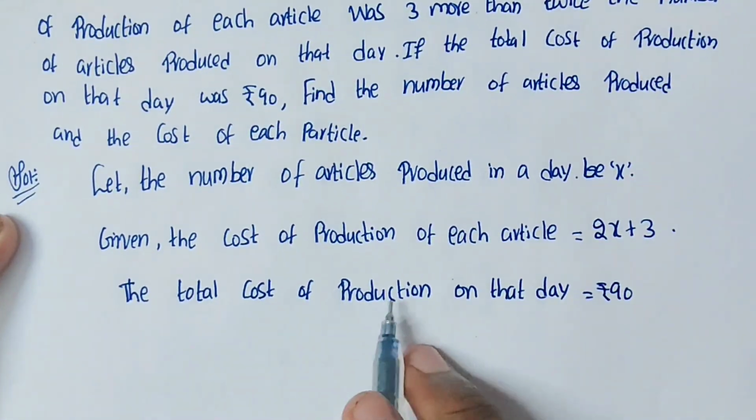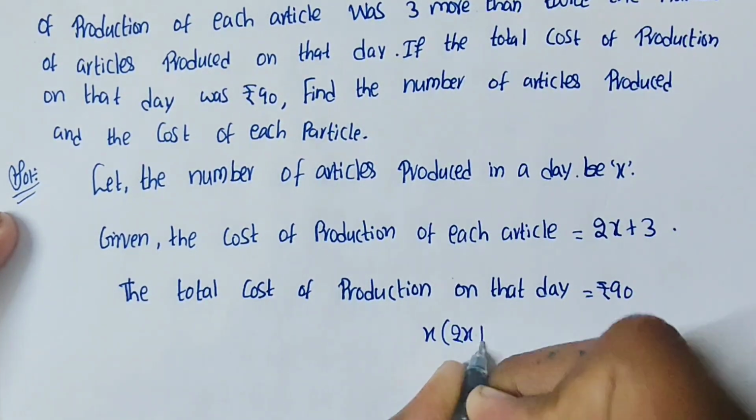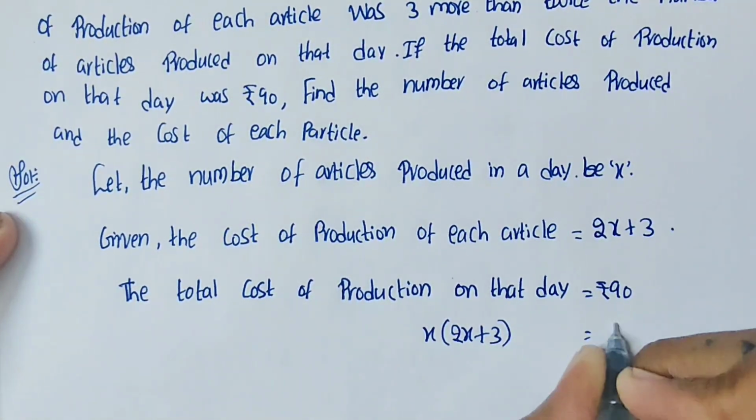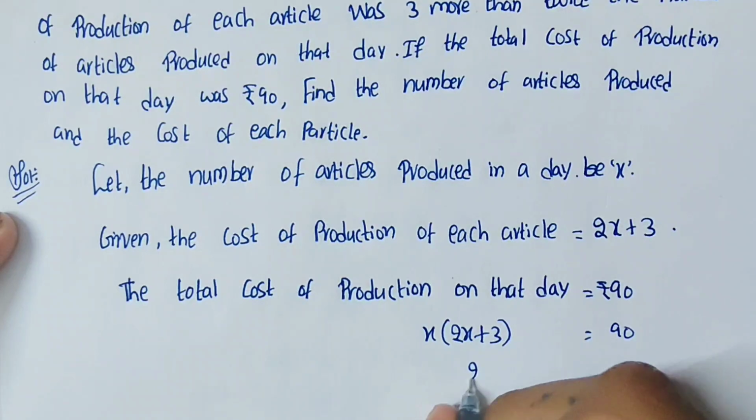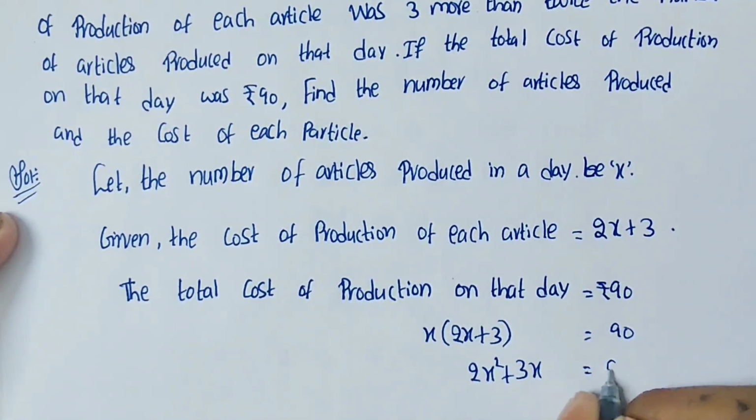Total cost of production means x into (2x plus 3) equals 90. x into 2x is 2x square, plus 3 into x, 3x, equals 90.